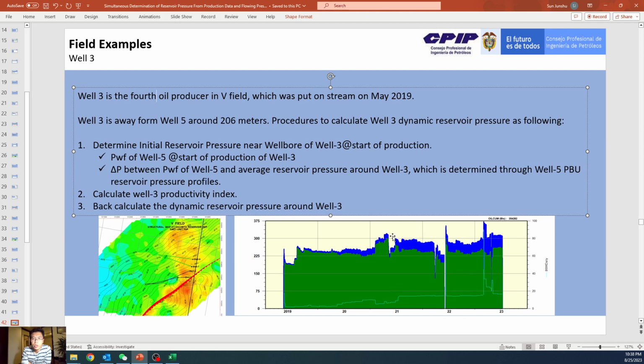You may be puzzled why well number 3 is at the highest of the structure, yet the BSW is higher than the previous wells. Here the BSW could be related to the leak of another well produced in another formation.